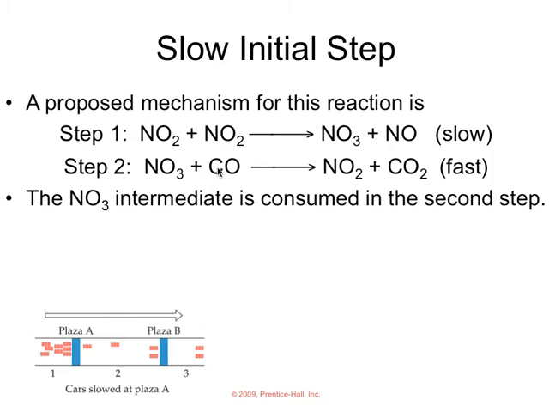These things suggest that the reaction occurs in more than one step. The proposed mechanism would be this, step 1, step 2. The intermediate, nitrogen trioxide, is consumed. I have a slow first step and a fast second step, so my rate is going to be determined by the first step.